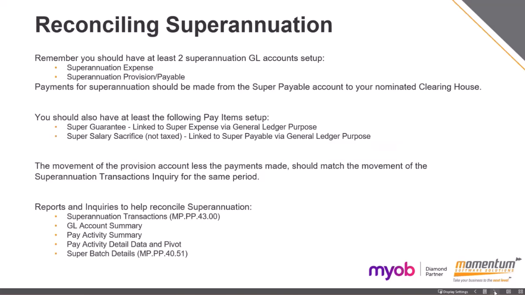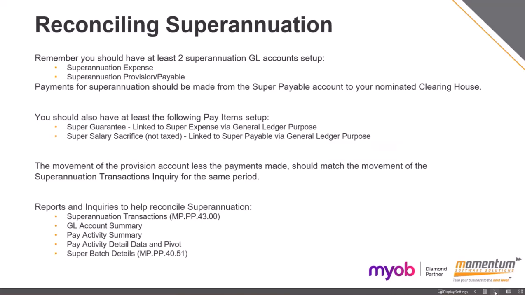You should also have at least the following pay items set up. Superannuation guarantee is a must. It should be linked to your super expense via the GL purpose code. And also the superannuation salary sacrifice that is not taxed, and that should be going to your provision account.